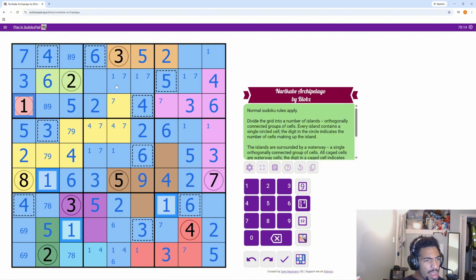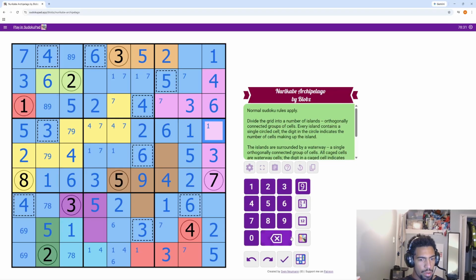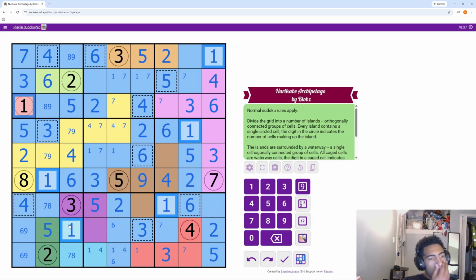I don't have any ones next to 2s. But I have a vertical 1 pencil mark, or horizontal 1 pencil mark, right? And then 1, no 1. So now I have 3 ones to place in the middle boxes.